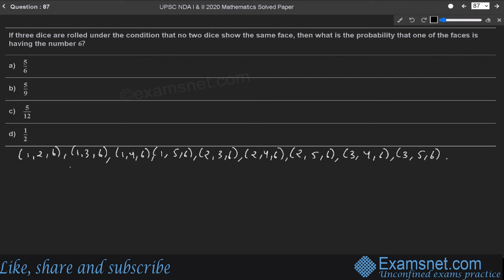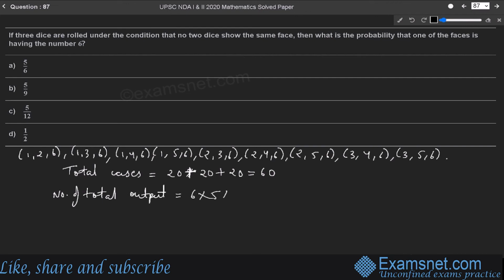Now let us talk about the total favorable cases of getting this. So the total favorable cases will be 20 plus 20 plus 20, which gives 60. Now the number of total outputs, when the three top faces of three dice show different numbers, will be 6 into 5 into 4, which is equal to 120.